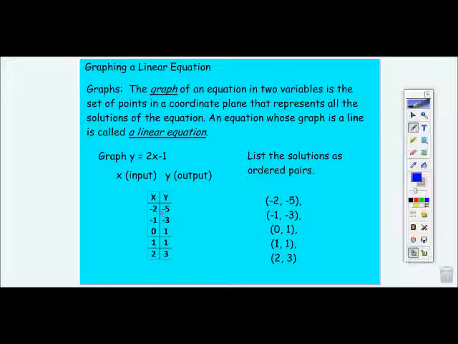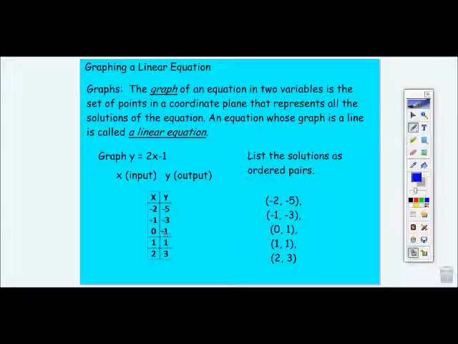So when I put negative 2 in, my x in, 2 times negative 2 is negative 4, minus 1, or combining it with a negative 1, gives me negative 5. 2 times negative 1, my next input, is negative 2, minus 1 is negative 3, and so on and so on. When I do 0, it cancels this out, so that one would be 0, negative 1.